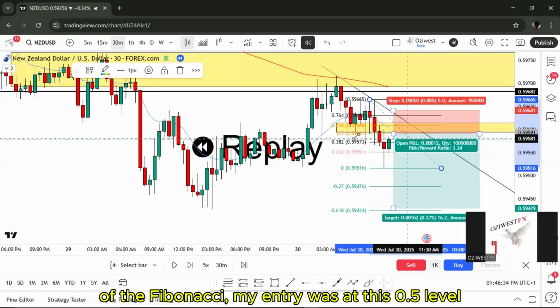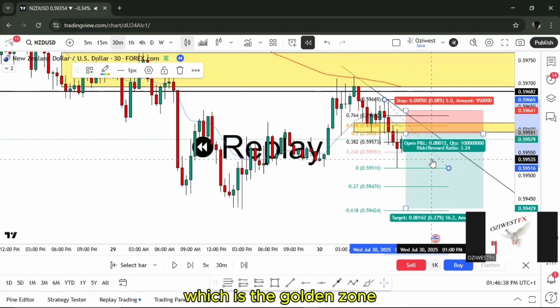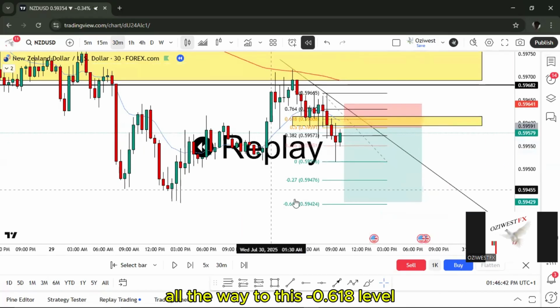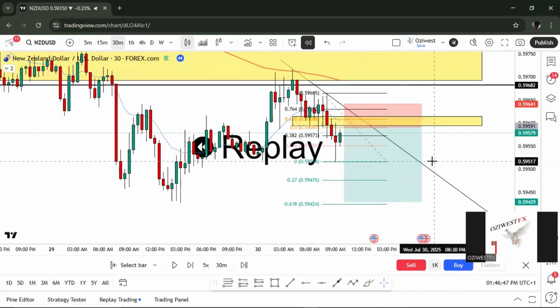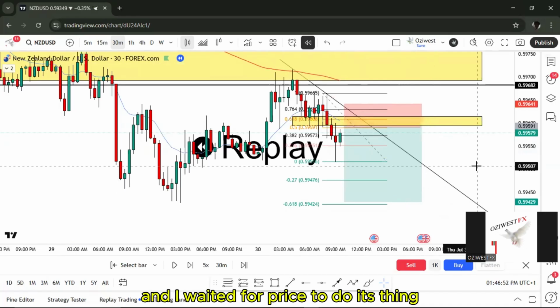My entry was at this 0.5 level, which is the golden zone. Then my TP all the way to this negative 0.618 level. So I placed the limit order there and I waited for price to do its thing.